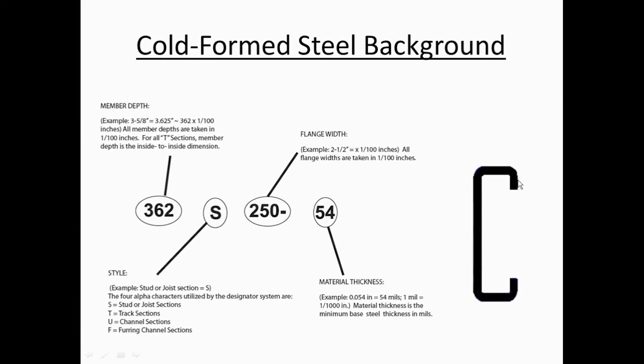This we call the lip, and the lip provides a very important function in that it provides stiffness to this element, which is called a flange. Without that lip, this flange would buckle under a load. Let's think through that.